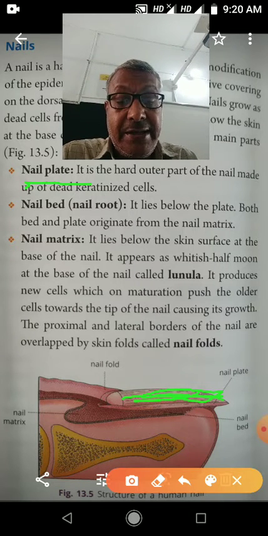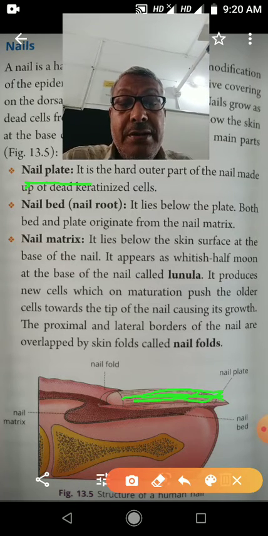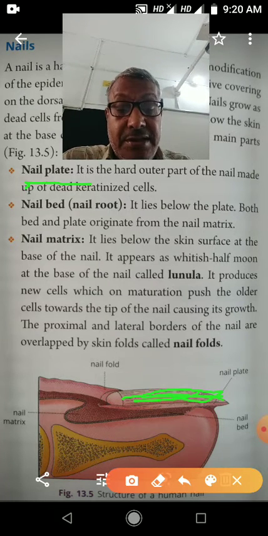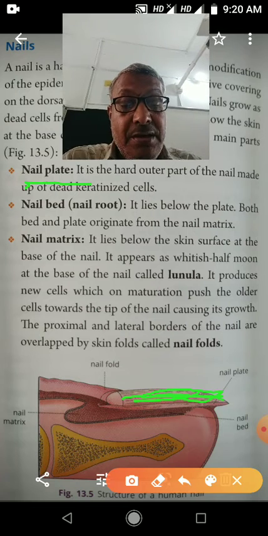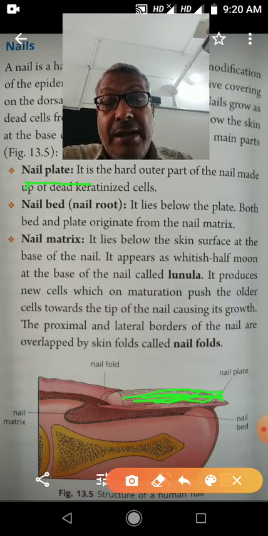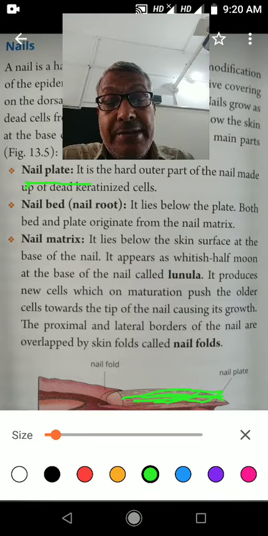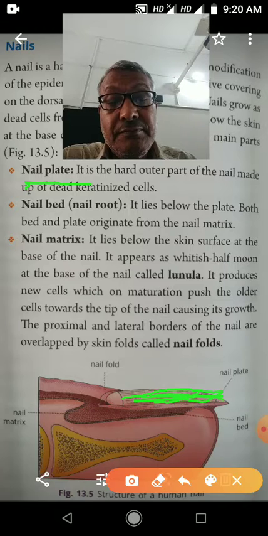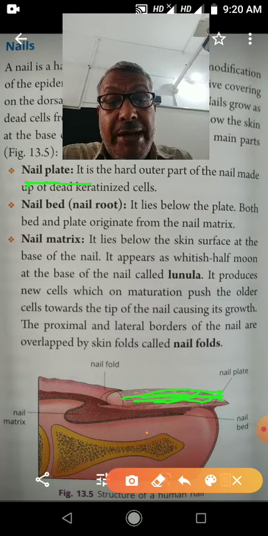The second part of the nail is the nail bed or nail root. The nail bed or nail root is just below the nail plate. So this is the nail plate and just below the nail plate there is the nail bed.